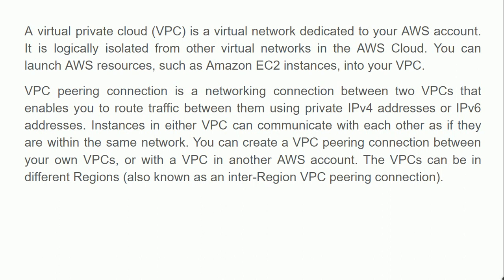VPC peering is used to create communication between two VPCs. You can create a VPC peering connection between your own VPCs or with a VPC in another AWS account. The VPC can also be in a different region, known as an inter-region VPC peering connection.